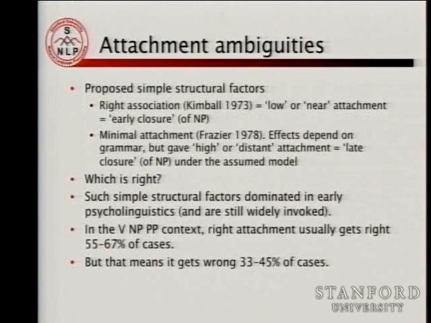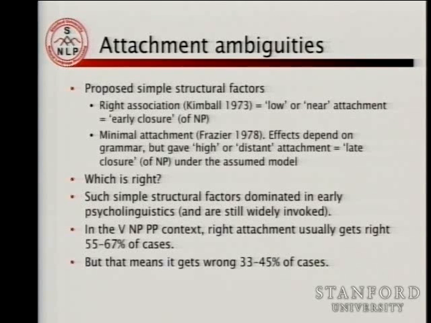But it turns out that you can get quite a long way using fairly simple statistics to work out these attachment decisions. The first way in which that was explored, which to a first approximation turned out to be the wrong way, was to say maybe we can use straightforward syntactic factors to decide what are likely attachments, or even what is the attachment that a human being will choose.